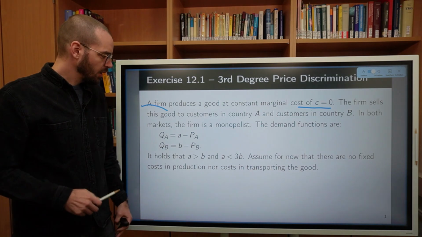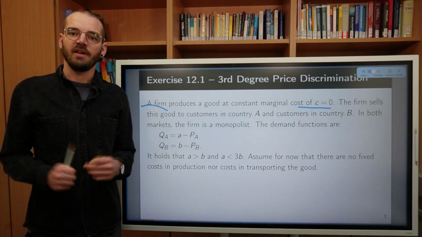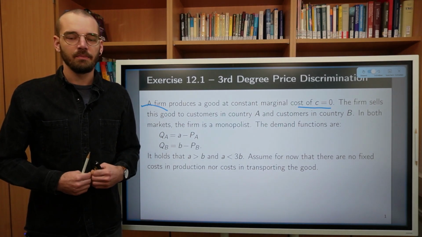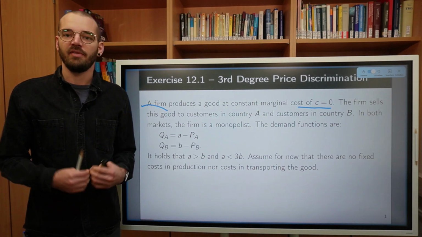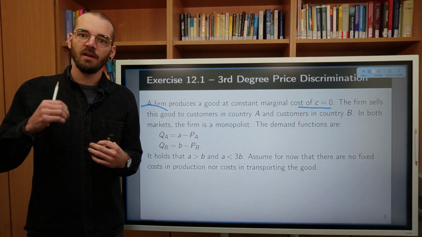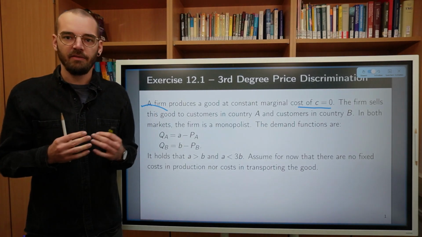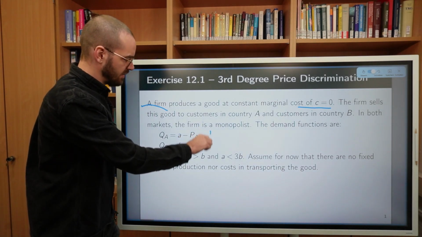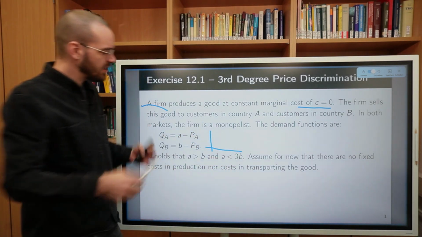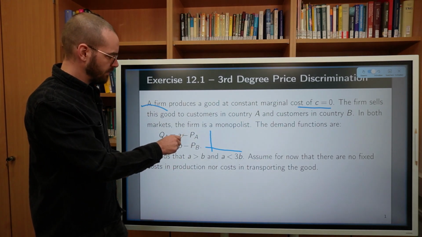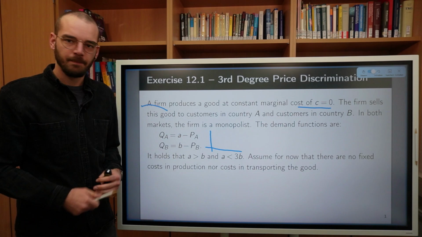Alright, so we don't know exactly what the demand functions look like, but we do know they are linear in price and they have a constant slope. The change in price is constant, so the slope is equal to 1, all right?